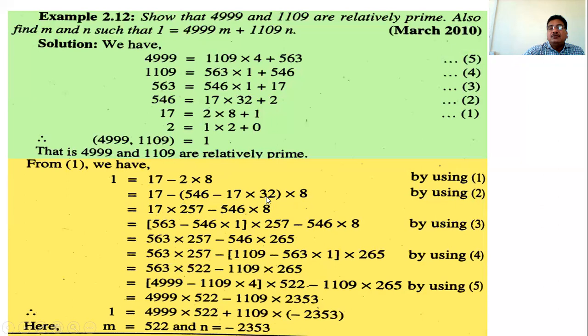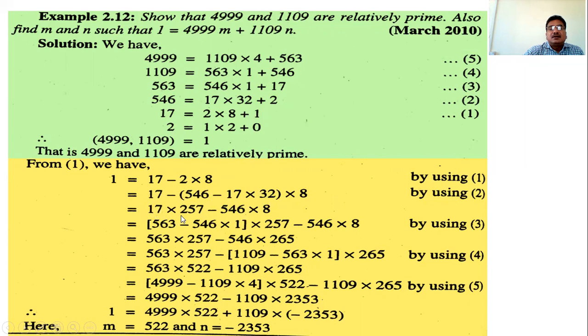That is 256. Okay, 17 into 256. And then this 17 into 1 and this plus 17 into 256 becomes 17 into 257, because if you take 17 as common, then we have 1 plus 256.